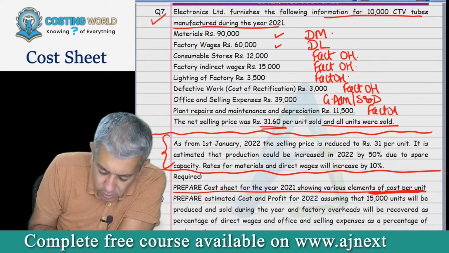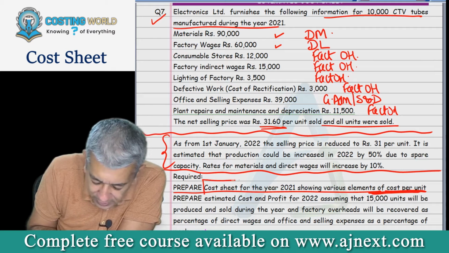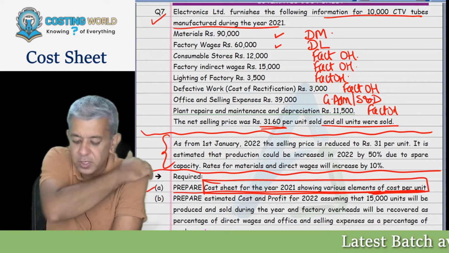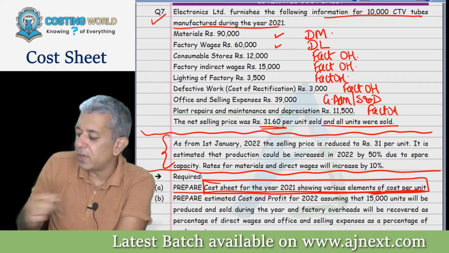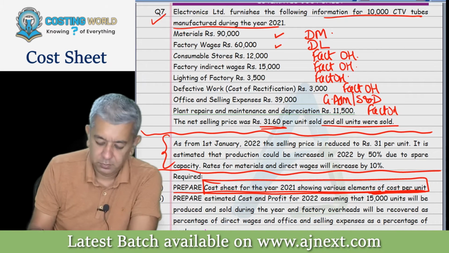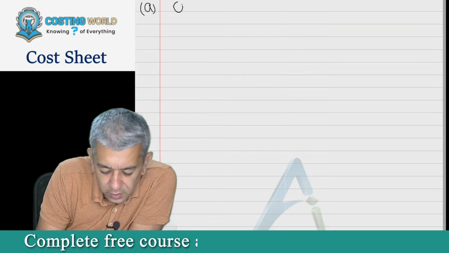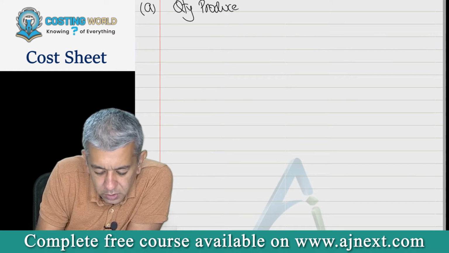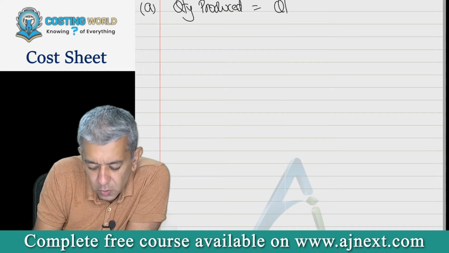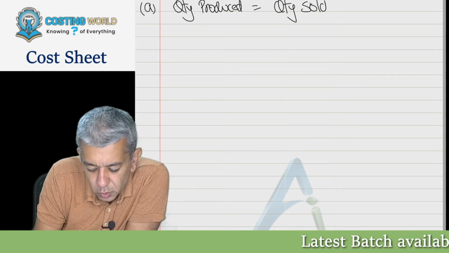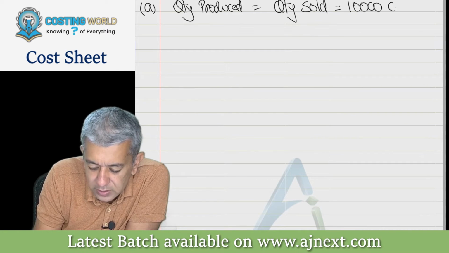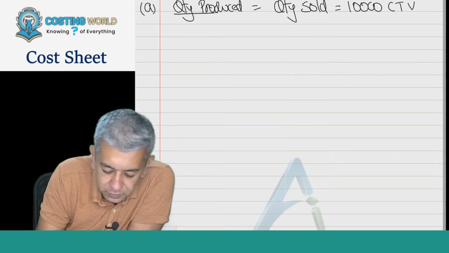So you can give this heading: Cost sheet for the year 2021 showing various elements of cost per unit. On the next line, write down quantity produced is equal to quantity sold is equal to 10,000 CTV.